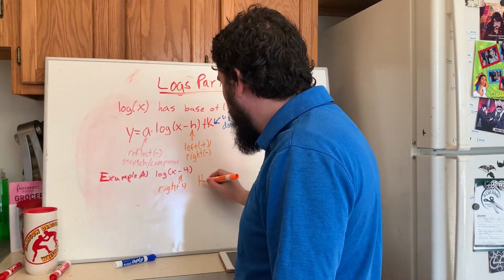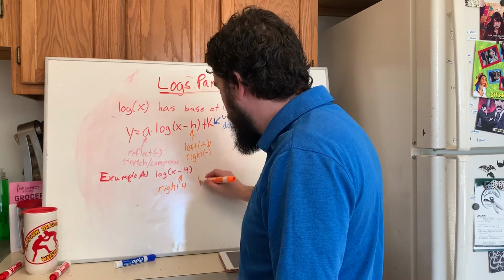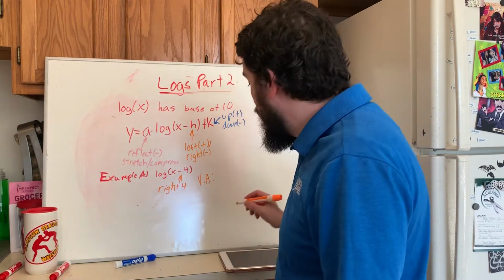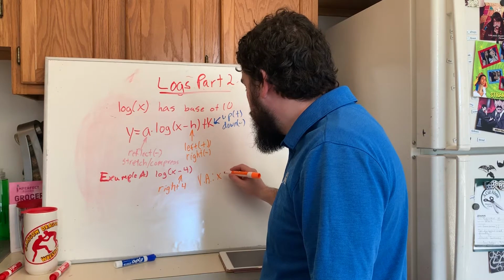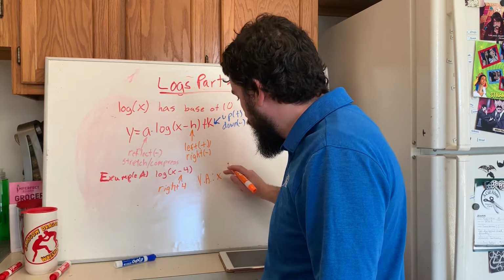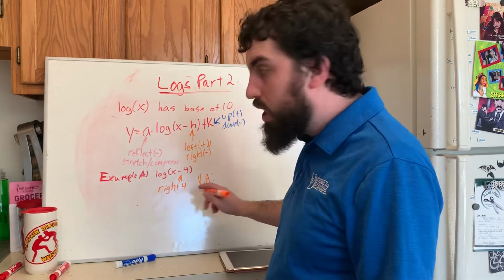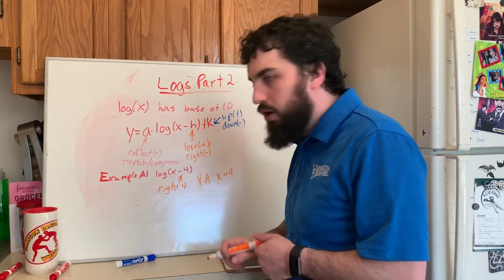The vertical asymptote, sorry, this is a vertical, it's not an exponential, it's a log. The vertical asymptote is usually x equals 0, but since I move it right 4, this now goes to x equals 4.